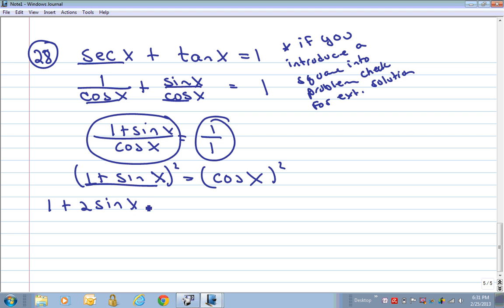And then sine x squared would be positive sine squared x, equals cosine squared x. Again, we really prefer to have all one trig term. So if I change my cosine squared x to 1 minus sine squared x, I would have all sines. We're going to do that and see where that leads us.